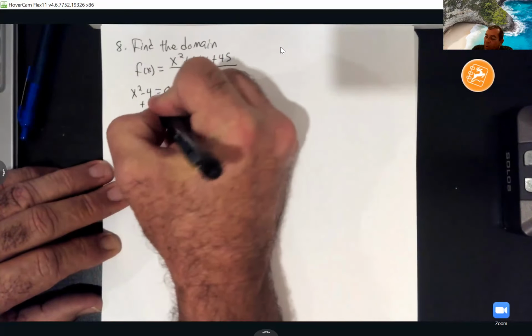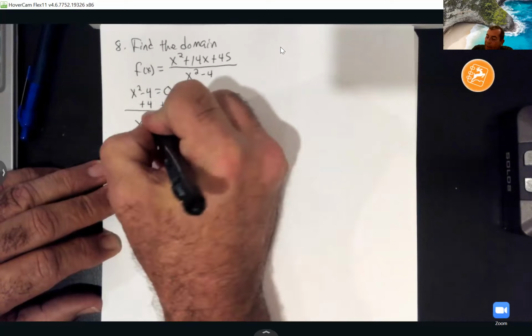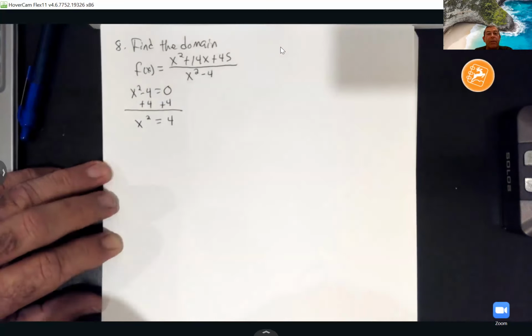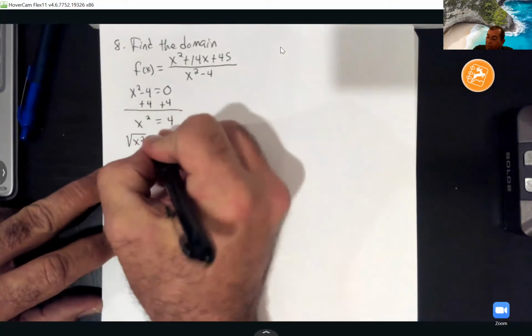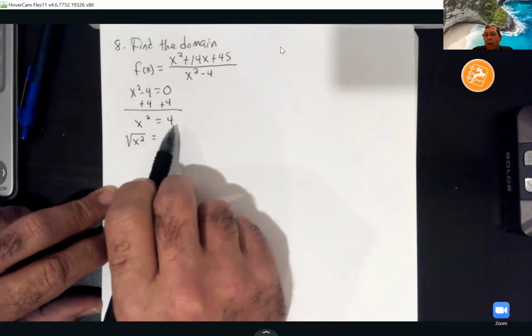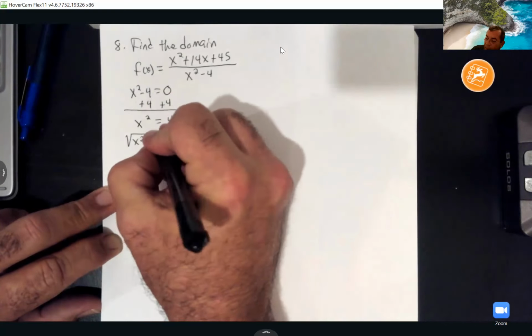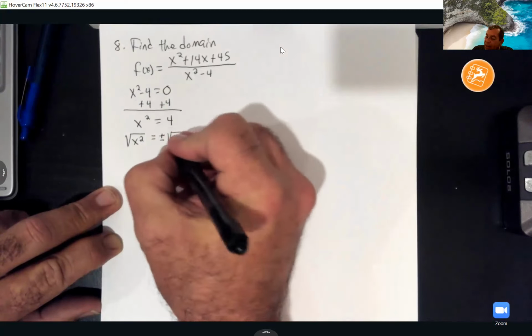So I'm going to add 4 to both sides. And I get x squared equals a positive 4. Then I'm going to take square roots of both sides. Now remember, since I'm taking the square root of a number, in the front, I need to put my plus or minus.